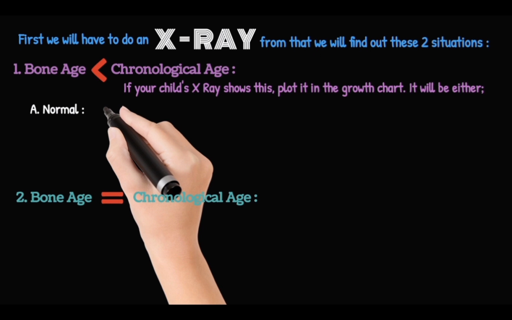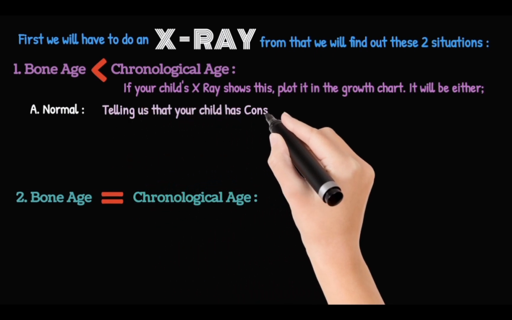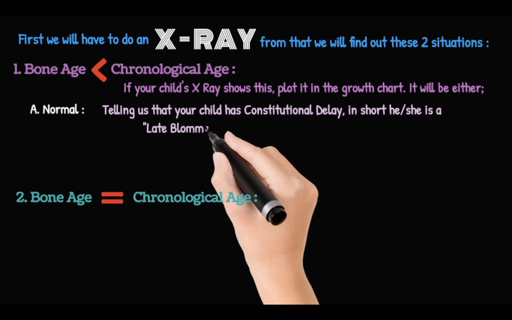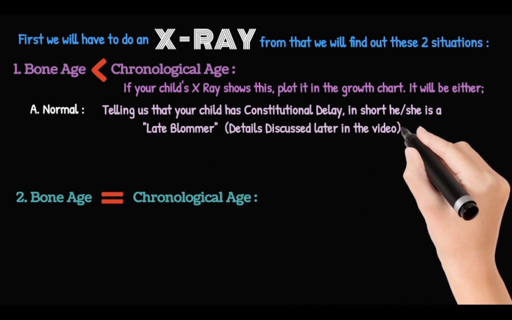If your child has a normal curve, it means that your child has a constitutional delay, or he or she is a late bloomer. We will discuss that later in the video, but in short, it means that your child has the capacity to grow a few inches in height later in the future.